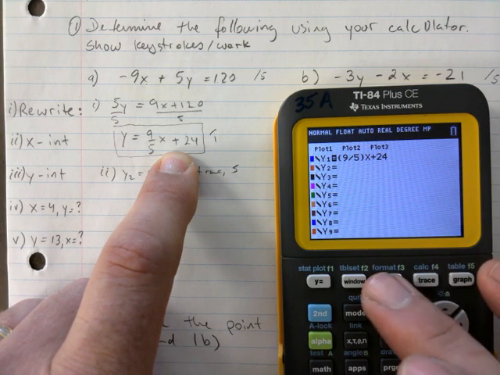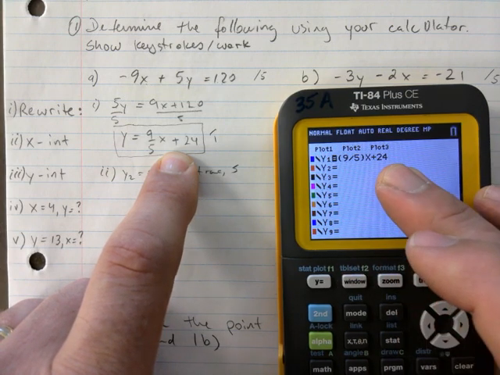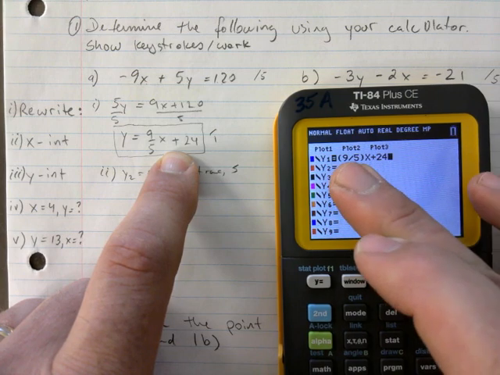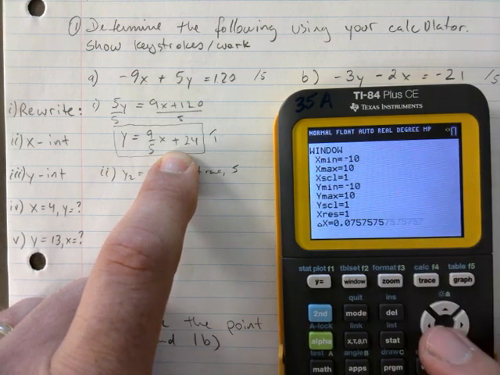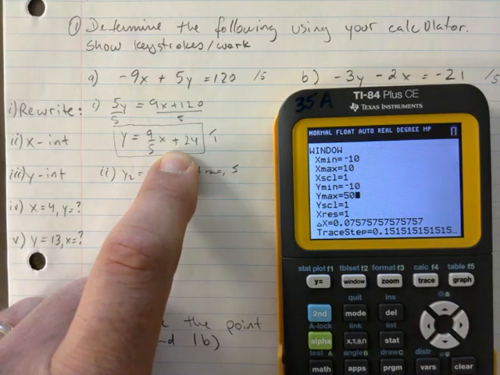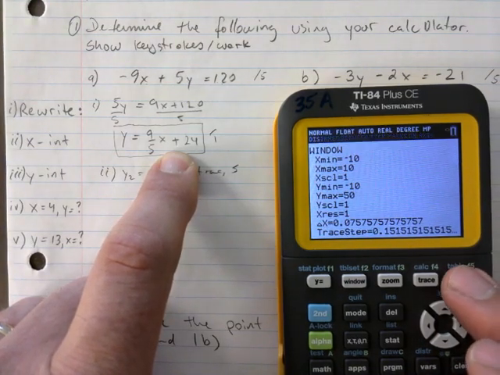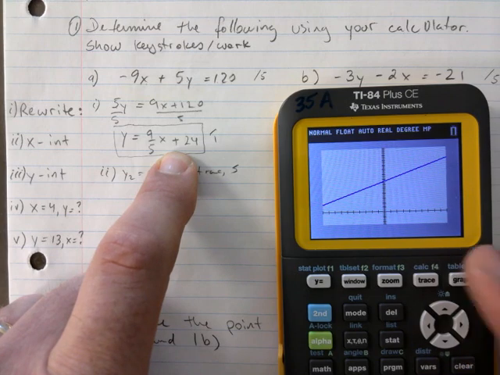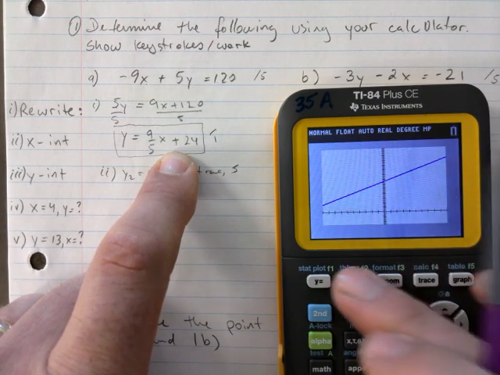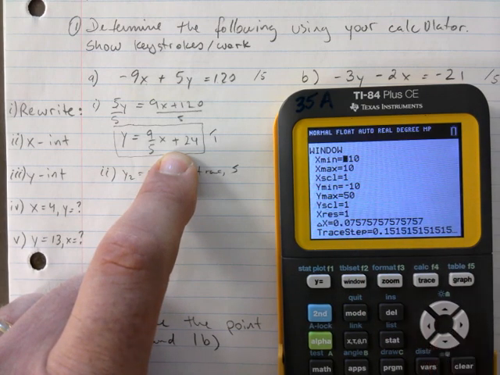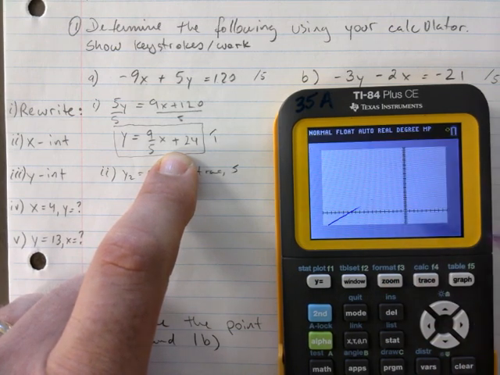Hit graph. Before I do that, I already know that this is pointing up and the y-intercept is way up there, so I'm going to make adjustments on my y max. I'm going to go 50 maybe. And there it is, I can see the y-intercept. I cannot see the x-intercept because I have to reduce my x-min a little bit.